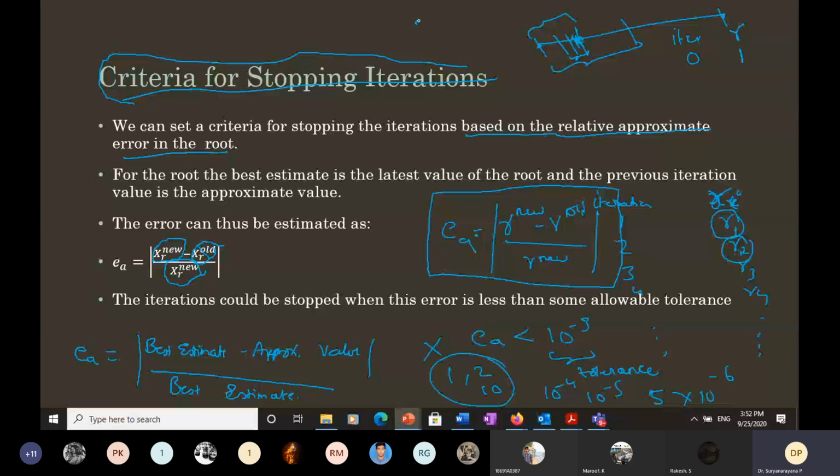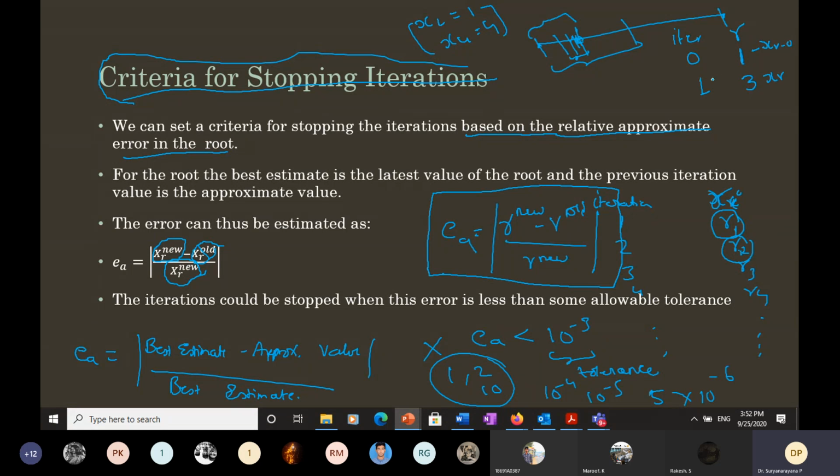See, I'm doing the iteration for xl equals 1 and xu equals 4. This is my initial bracket. So initially the root is 1. After I do iteration 1, the root is going to be 3. Now I'll compare these two. So initially I call this one XR0 and this is XR.